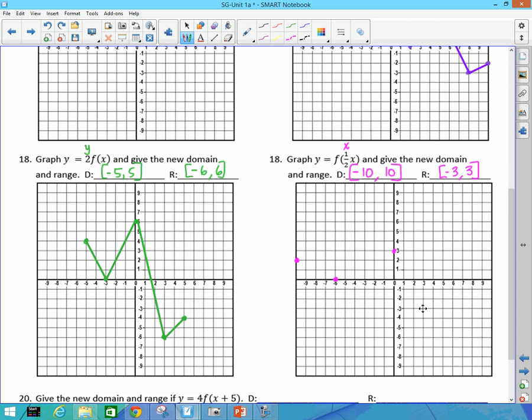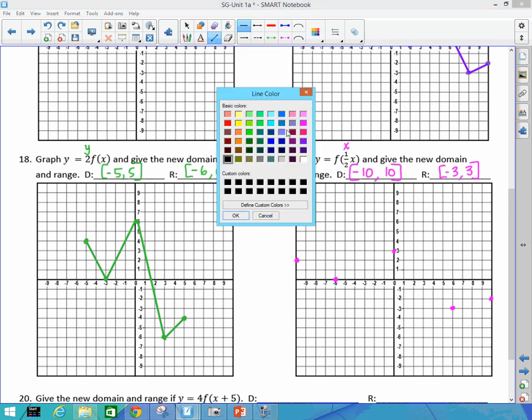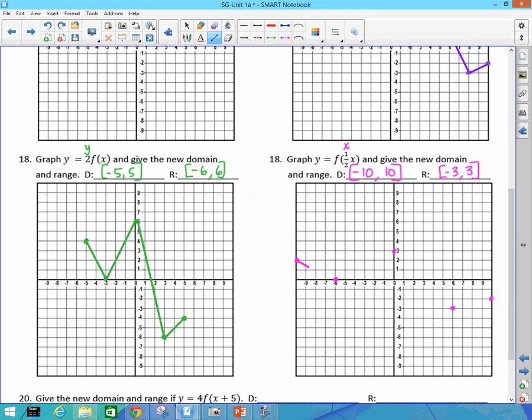The y stays the same, but I have to multiply 3 times 2, which puts me at 6, -3 now. And 5, -2. 5 times 2 is 10, so it came out to here. So, connect this one, and hopefully you can really see that this graph has been, it's like it was pulled on both sides. It was stretched horizontally.